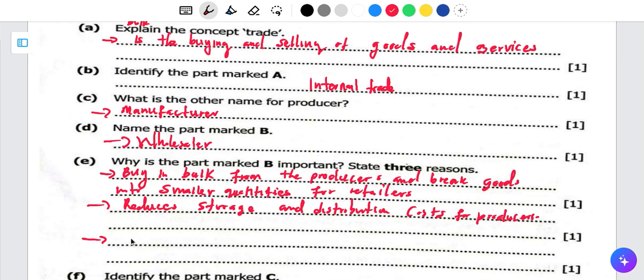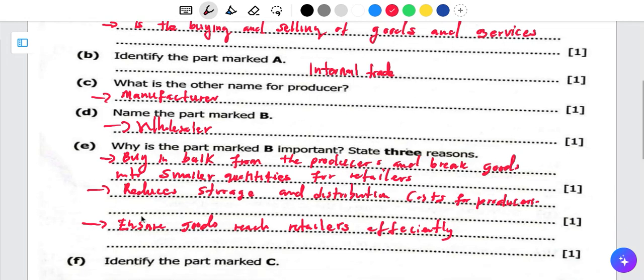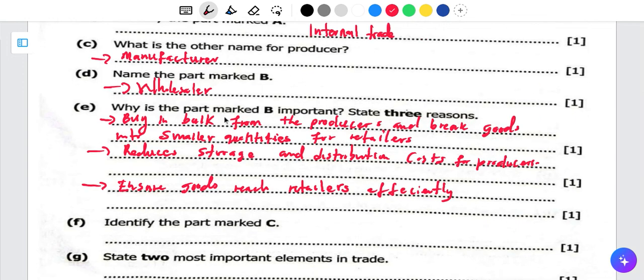So we can say they ensure goods reach the retailers efficiently. Those are the most important things that the wholesalers play in terms of distribution of goods and services.